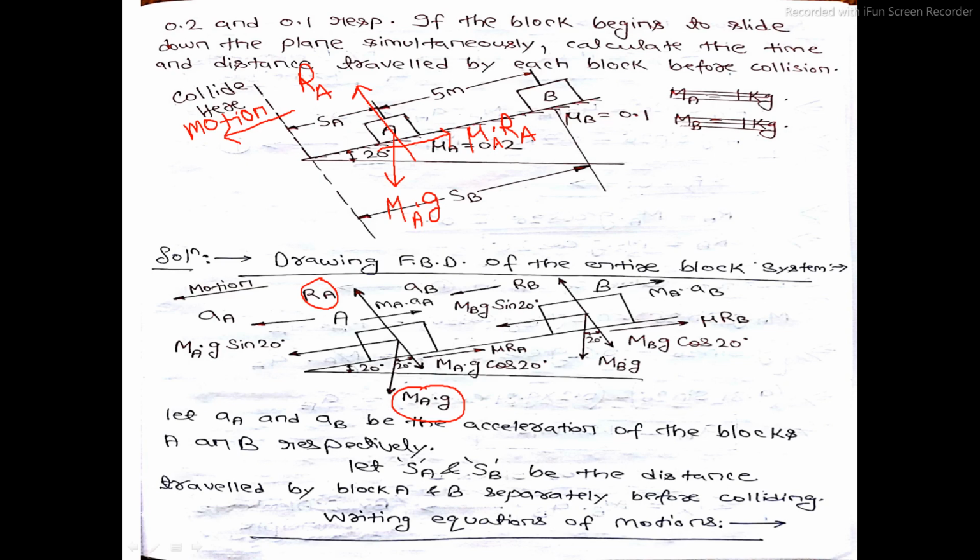Next, by geometry you see, if this angle is 20 degrees, then this angle will also be 20 degrees, and if this angle is 20 degrees, then this MAG will have two components. One component will be MAG cos 20, I am writing cos 20 as C20, and this component will be MAG sin 20.